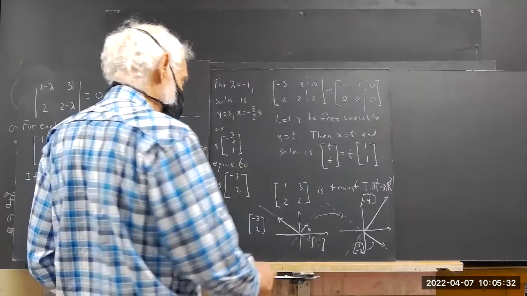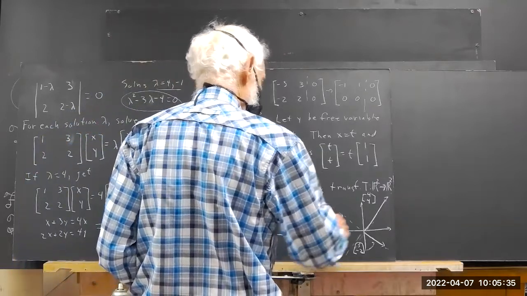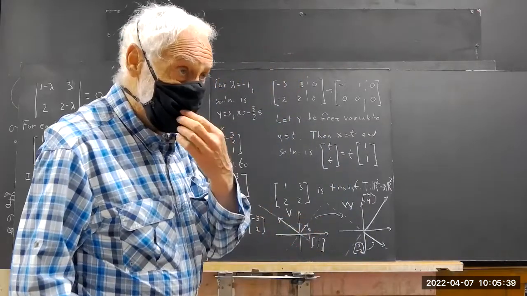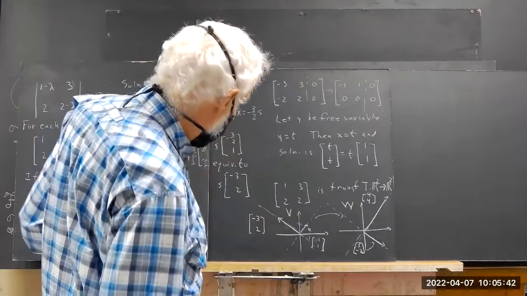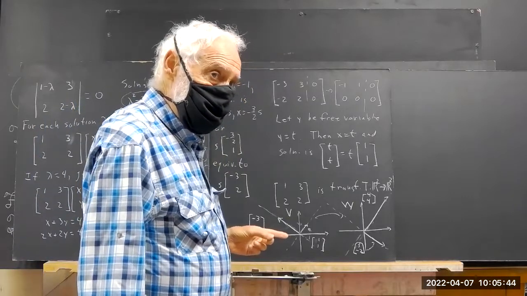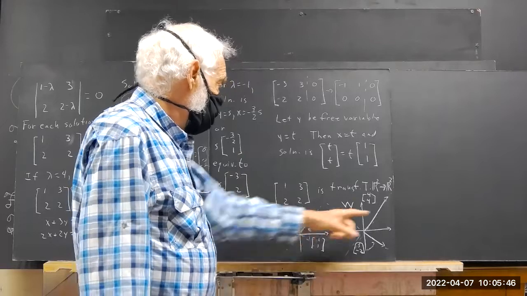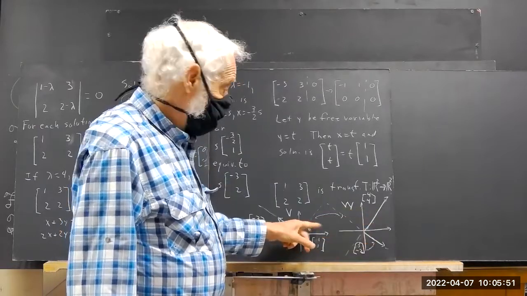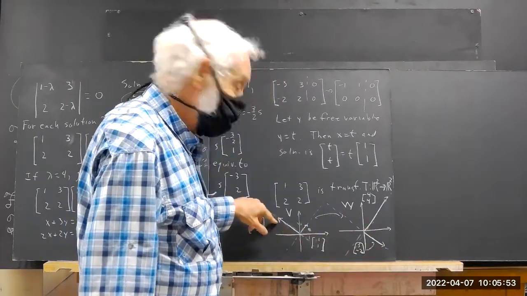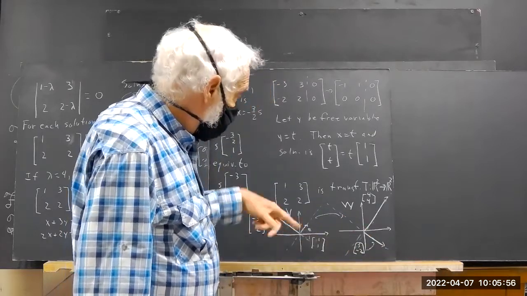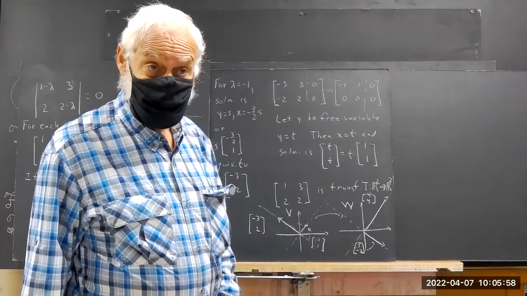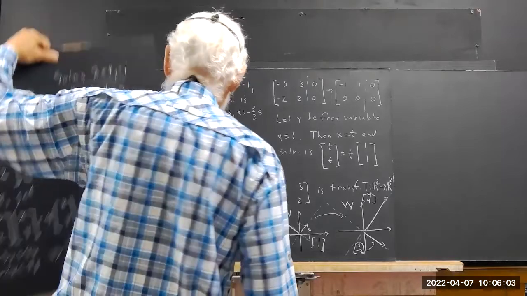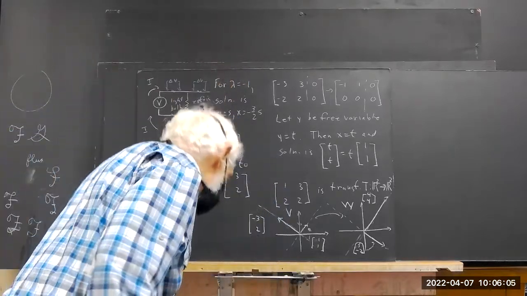This basis is V. This basis is W. And we have a basis for each space with the convenient property that this basis vector is just a scalar multiple of this one. And this basis vector is just a scalar multiple of this one. Meaning that the matrix for our transformation is going to be very simple. Let me just write that out.